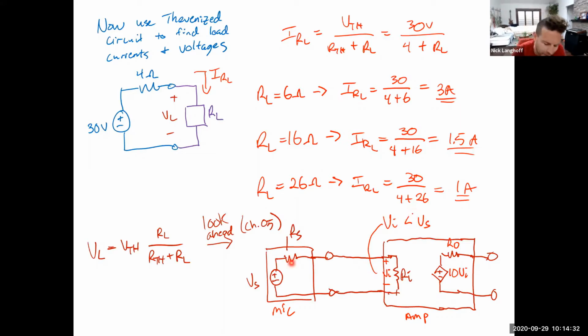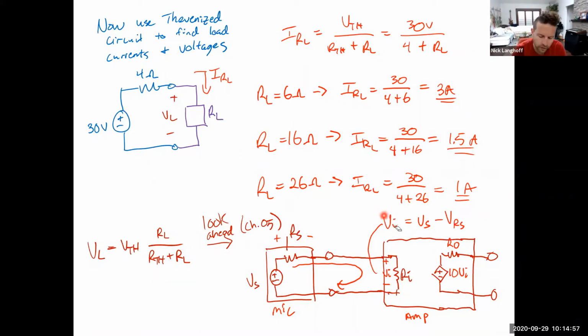Why is that? Because there's some current flowing in the entire network now that you've interconnected two subsystems, and you're going to get a voltage drop across Rs. That voltage drop across Rs is what reduces the input Vi from Vs. So really, you could say Vi is equal to Vs minus the drop across Rs.